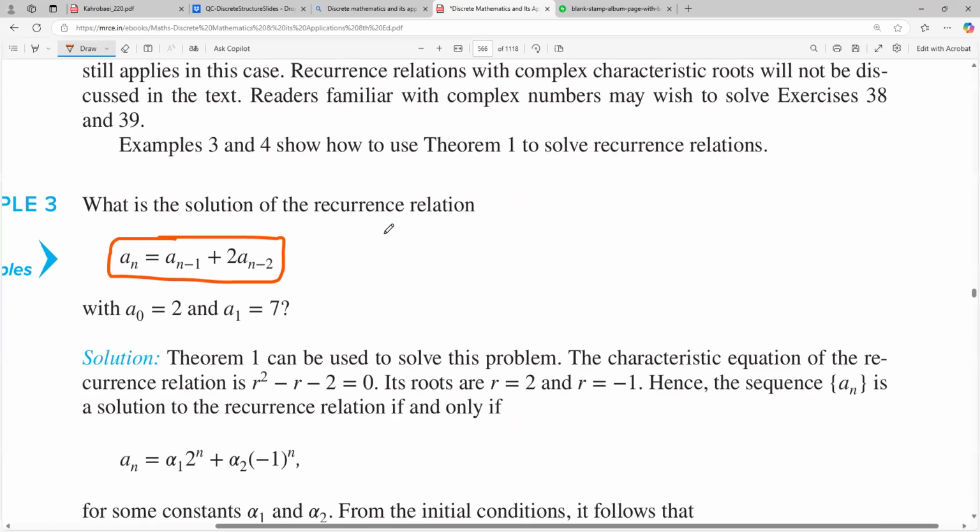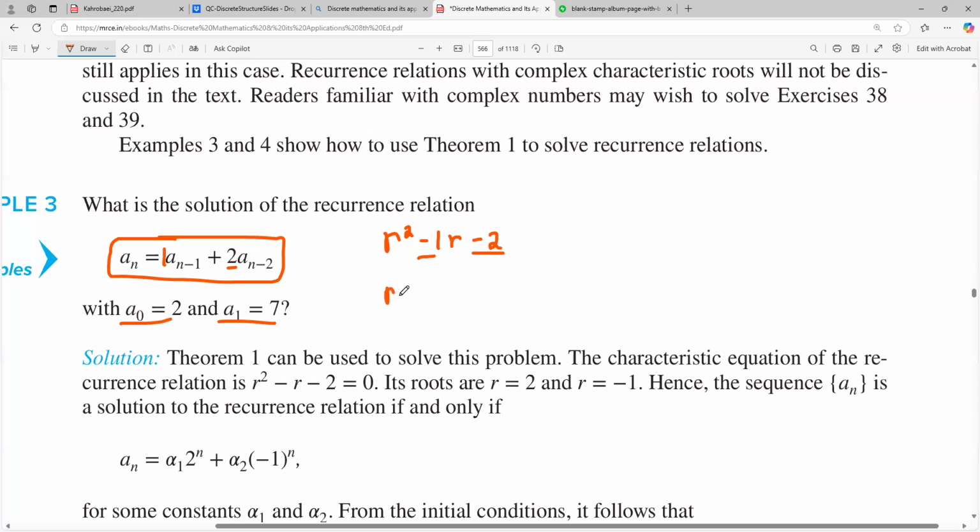So the characteristic equation is going to be r squared minus 1 r minus 2, right? And we have a0 is 2, a1 is 7. Let's do this as simple algebra or pre-calc. You factor it, what two numbers multiply to minus 2 and add to minus 1?